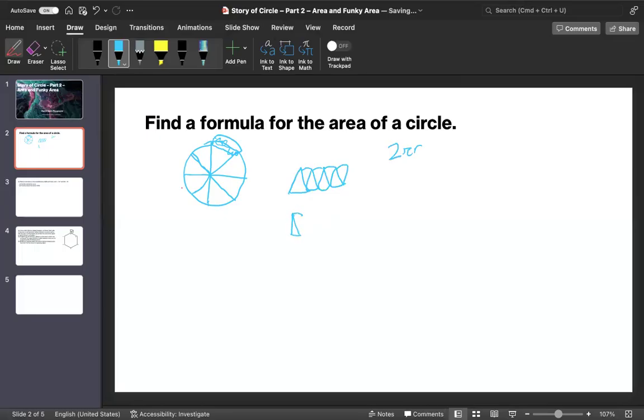That's 1.5, 2.5, 3.5, 4.5, 5.5, 6.5, 7.5, and we have our eighth one.